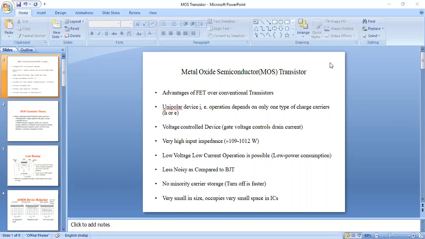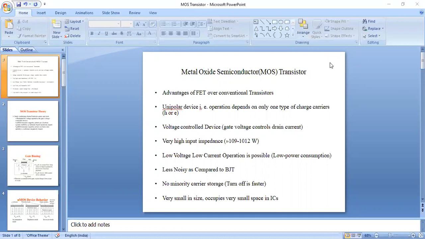So the operation of the MOSFET is based on either holes or electrons as the majority charge carriers, so it is called a unipolar device. Unipolar means the operation depends on only one type of charge carrier, either holes or electrons.